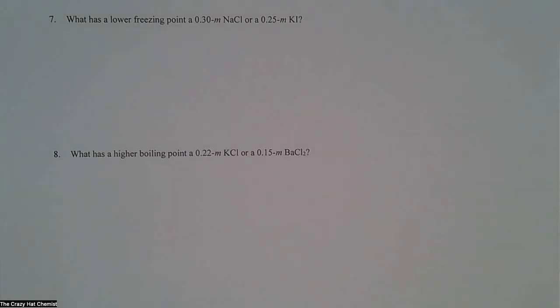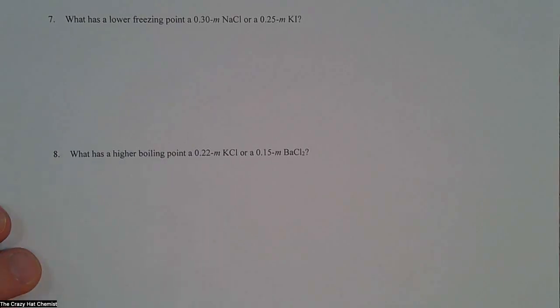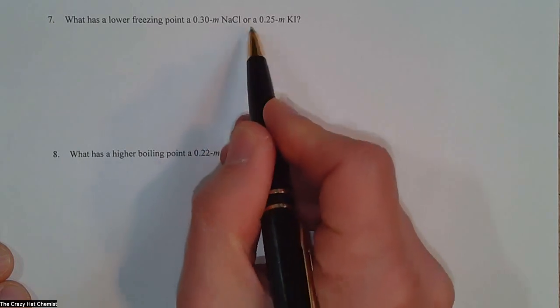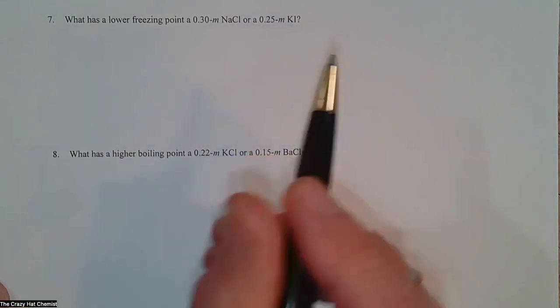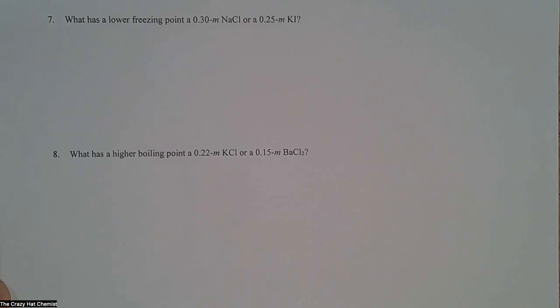Okay. This one says, what has the lower freezing point, 0.30 molal NaCl or a 0.25 molal of potassium iodide? Okay, so lower freezing point. First of all, we've got to figure out what this question is actually asking.